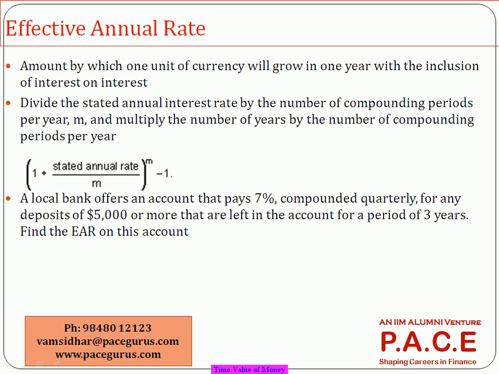Let's say I'm talking about a stated rate of 8%. Bank is quoting, and a better example I'll tell you: you take any FD or any deposit you have made with the bank. They say, let's say, an interest rate of 9%. They quote it in your FD papers.